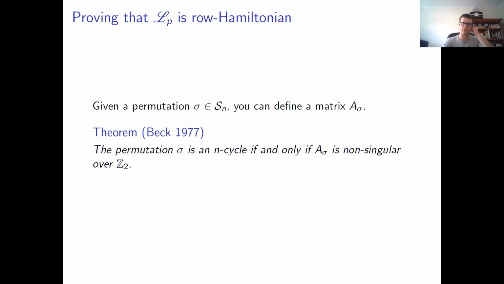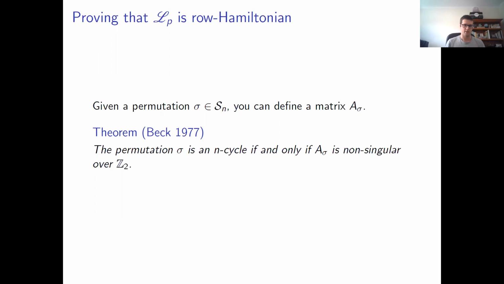So I'll briefly discuss how we showed that the Latin square L_p is row Hamiltonian when p is 3 mod 8. So we know that we just have to show that the row permutation R_01 is a p-cycle. And to do this, we use the result of Beck. Given a permutation sigma in S_n, you can define a symmetric matrix A_sigma over Z_2.